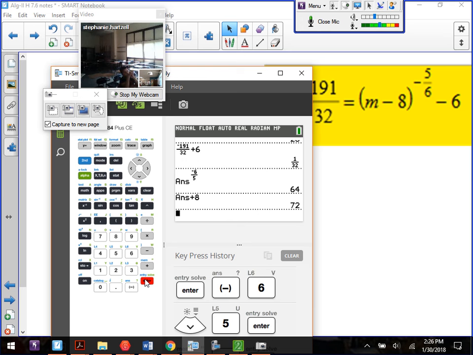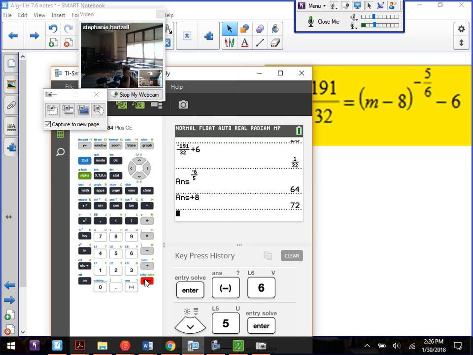Now, here's what happens. Real quick, it only takes a second to double check because you've got your answer. So just type in 72 minus 8, hit enter. Raise that to the negative 5 sixths. Some decimal.